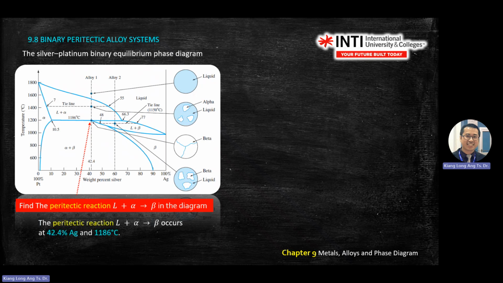Once you find the point, you extend to the left and you'll find the temperature. This one is just slightly below 1200 degrees. If you enlarge the graph, you'll find about 1200 degrees C. Here you extend down, you'll get 42 point something silver.